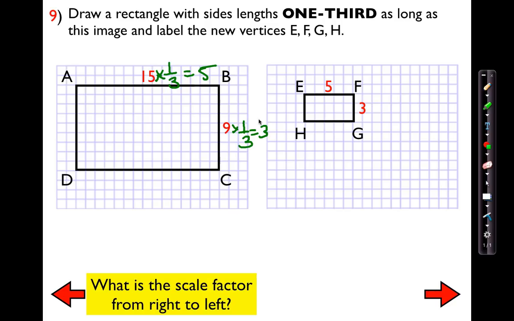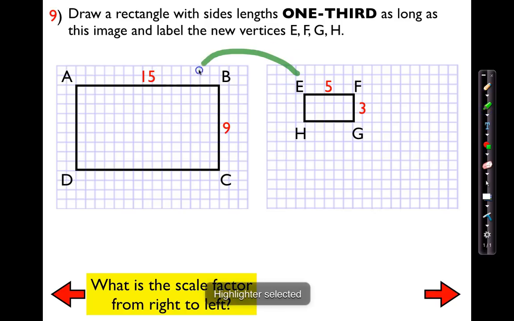And if they asked us what is the scale factor from right to left, first I would want to understand, if I'm going from right to left, that the shape is getting larger. So I'm expecting a scale factor to be greater than 1.